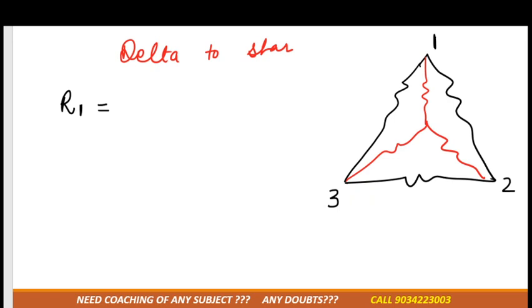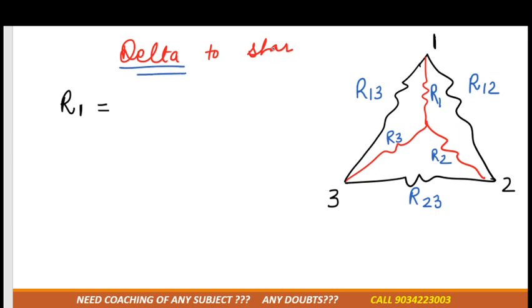According to this, what was the notation for this one? It is connected between 1 and 3, so it would be R13. This is connected between 2 and 3, so R23. This is connected between 1 and 2, so it would be R12. This one is connected to 1, so it is denoted by R1, this one is R2, and this one is R3.